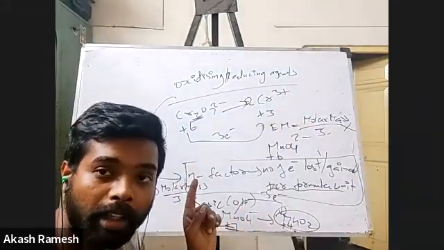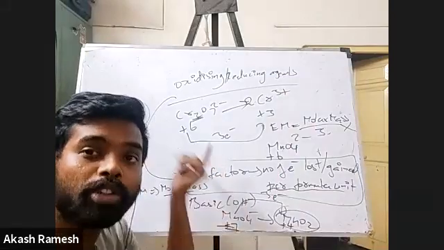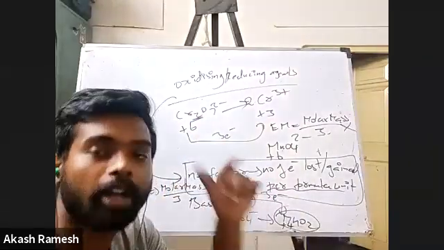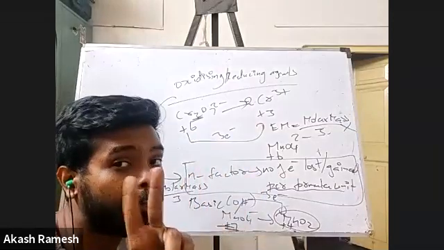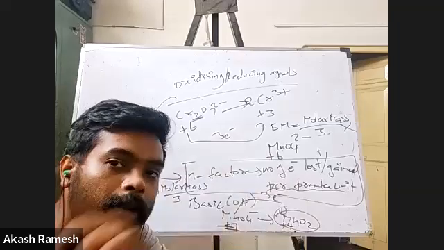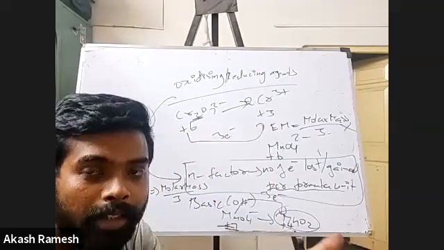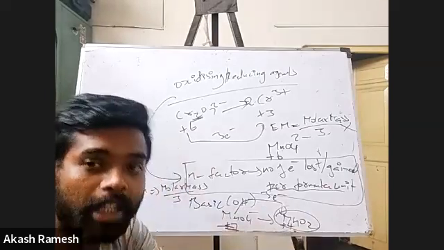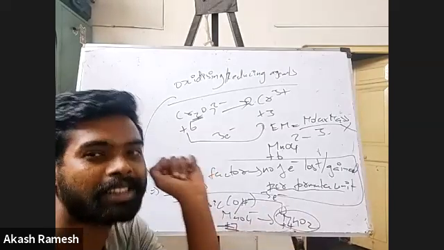But how many do I have here? I have 2 chromium atoms in one formula unit of K2Cr2O7. For one chromium atom, Cr plus 6 becomes Cr plus 3, it is going to be 3 electrons. So for 2 chromium 6 plus to become 2 chromium 3 plus, I require 6 electrons.